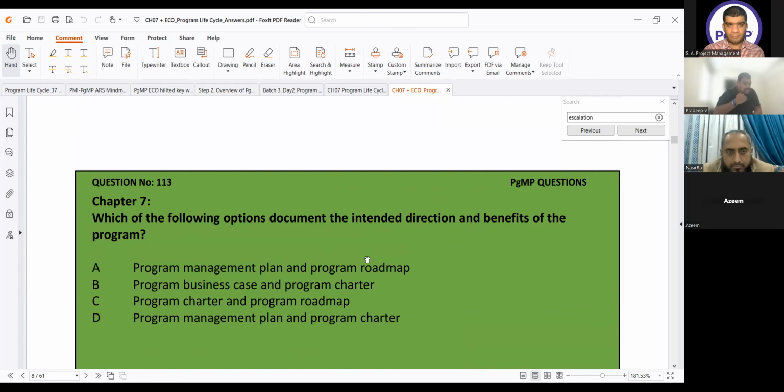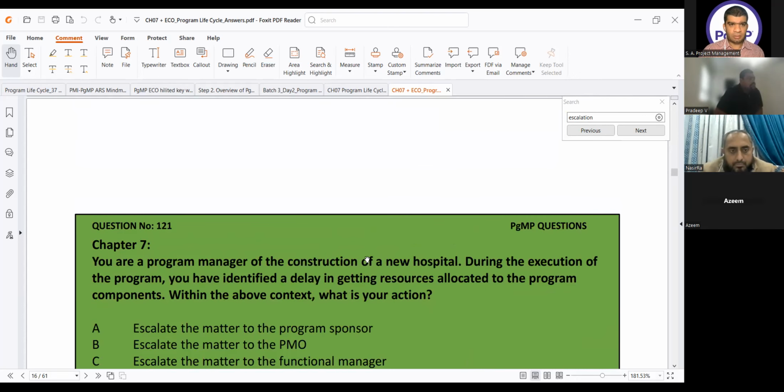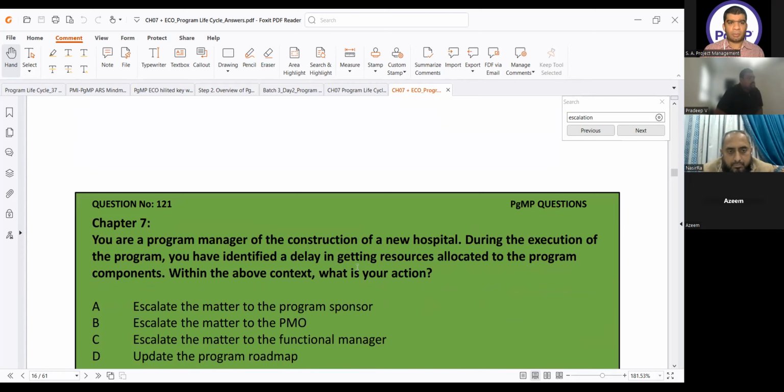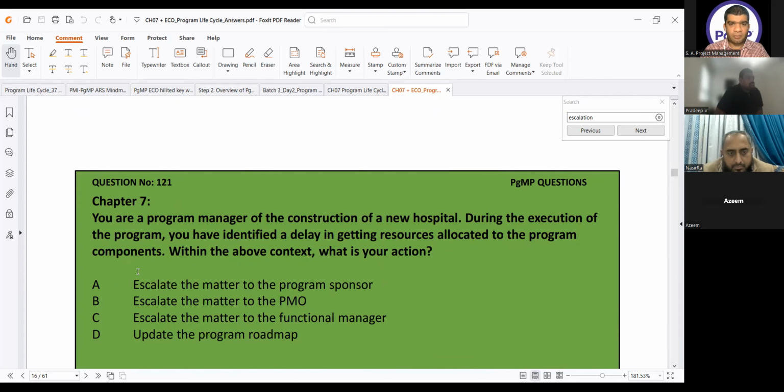121, last one. You are a program manager for the construction of a new hospital. During the execution of the program, you have identified a delay in getting resources allocated to the program components. Within the above context, what is your action?